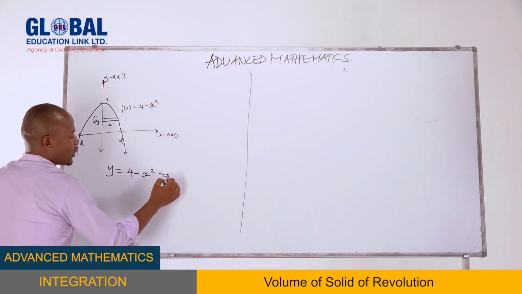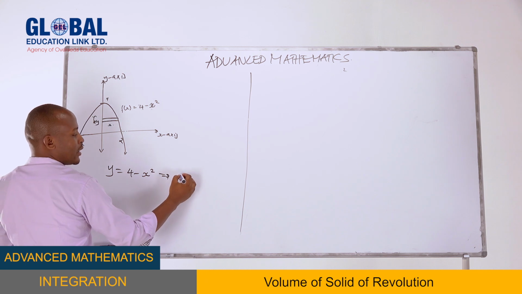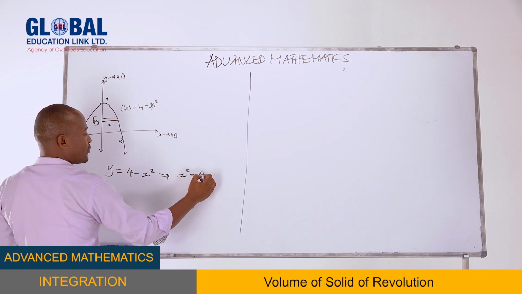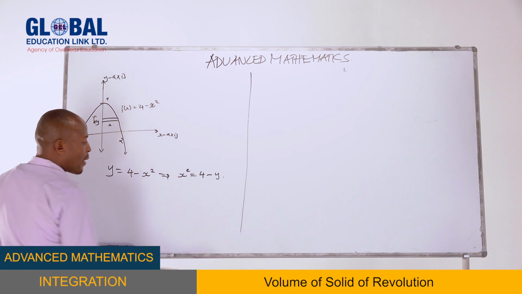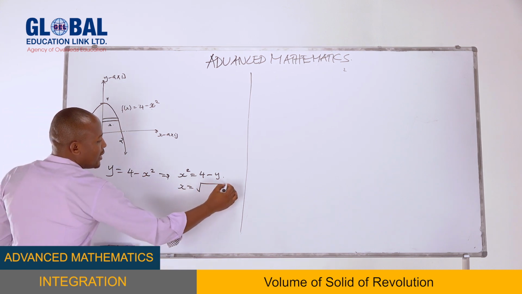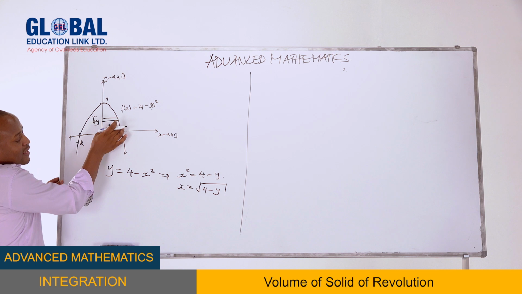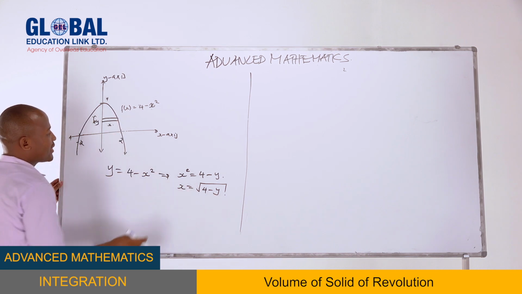We can make x the subject, that is going to be x squared equals 4 minus y. And then we have x equals the square root of 4 minus y.